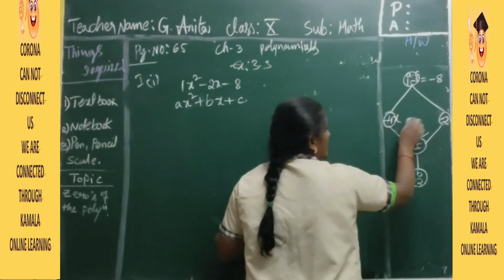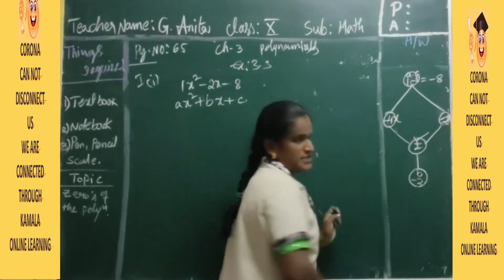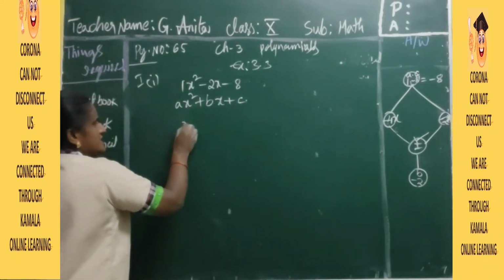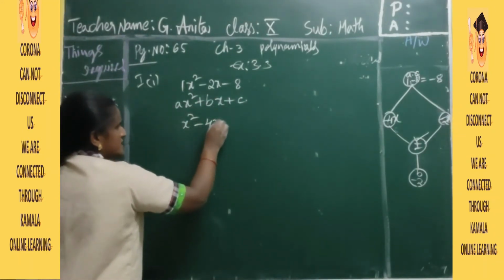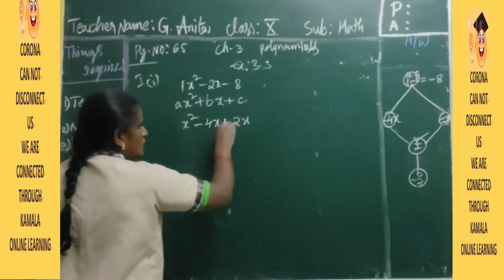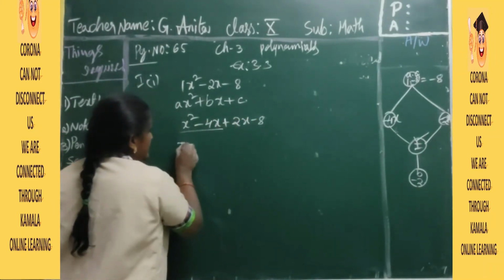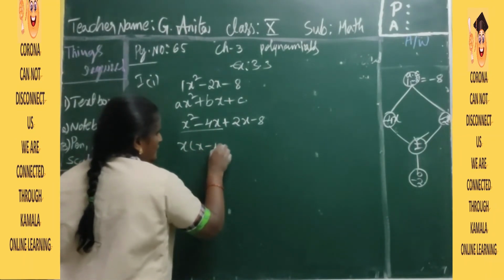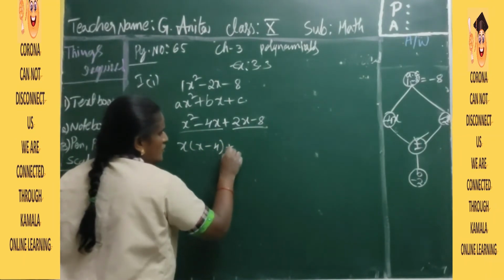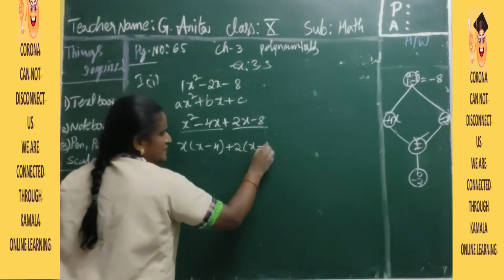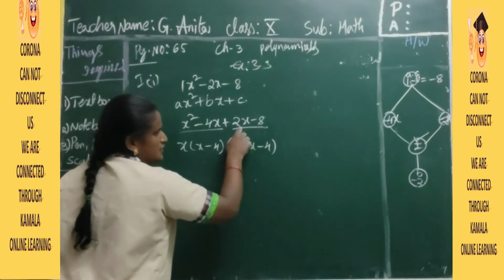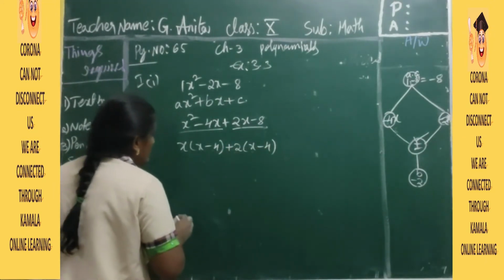So here we can write 4x, 2x. So x square minus 4x plus 2x minus 8. In this x is a common, x minus 4. In this 2 is a common, x minus 4. 2 into x is 2x, 2 4s are 8. Okay, children?